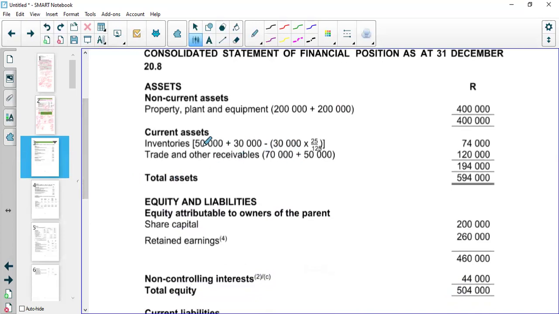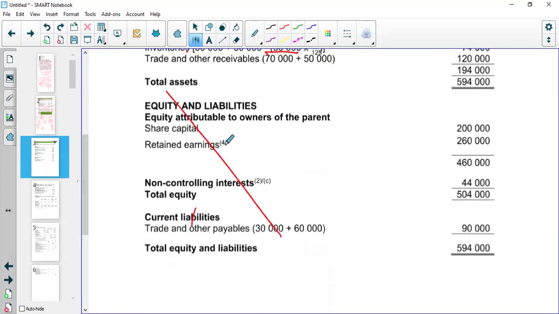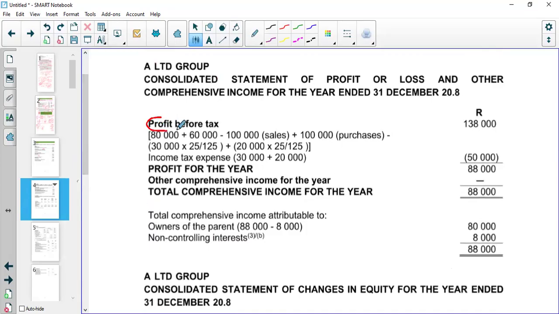So there is the inventories, the 6,000 being subtracted. So basically that's the story. Don't worry about the rest here. We want to emphasize one thing. Because we're starting from profit before tax, we have that profit before tax, and if we subtract sales and add purchases, this is 0, so you just leave it.